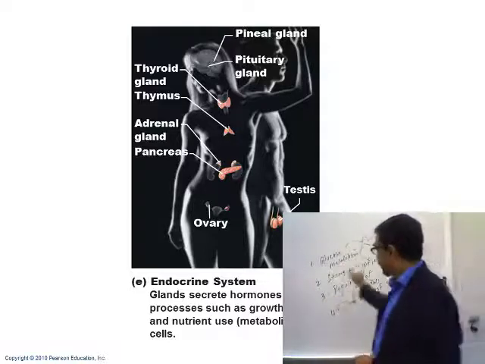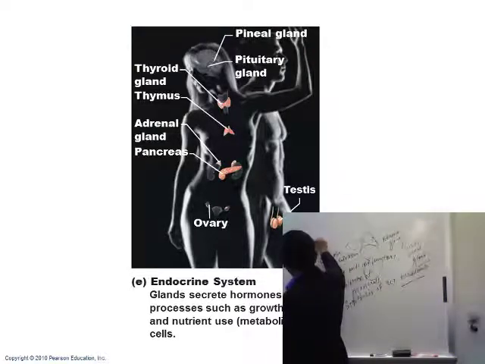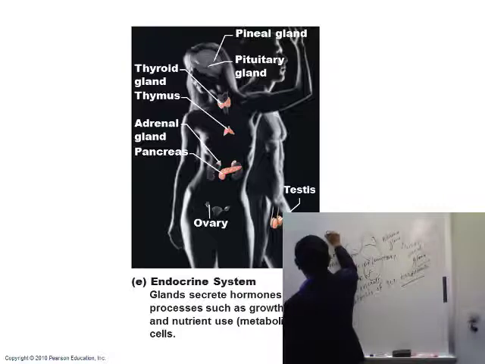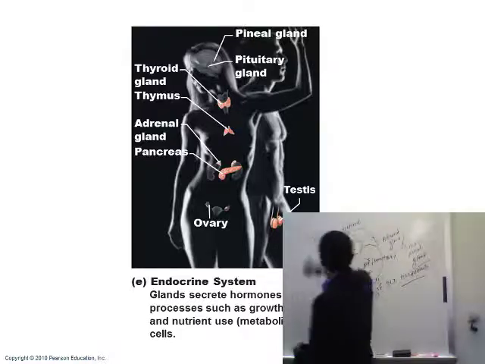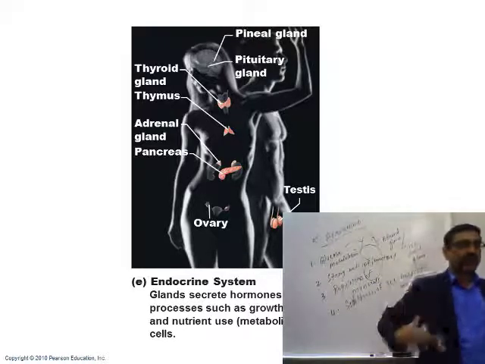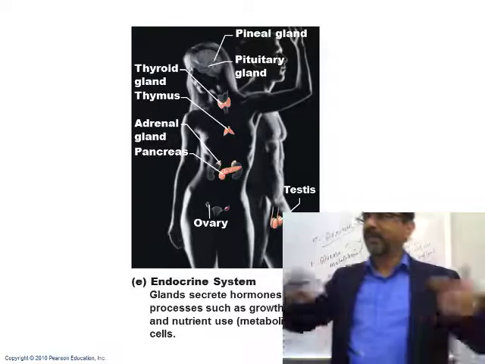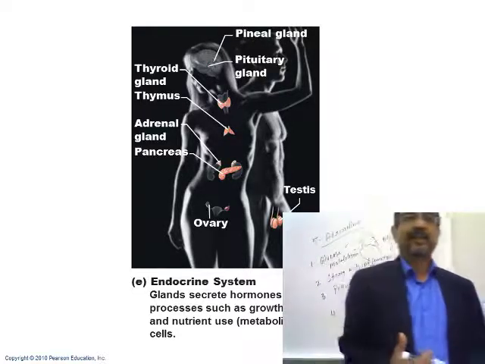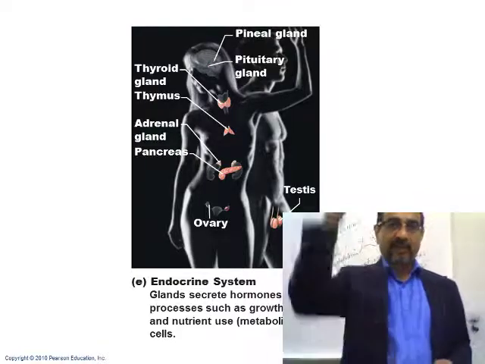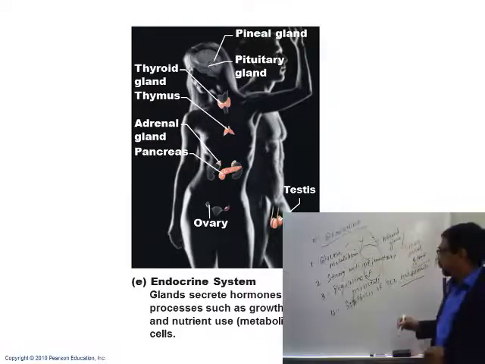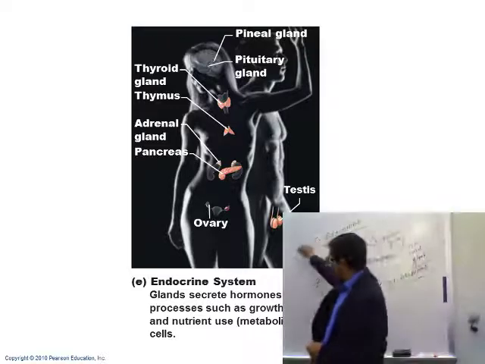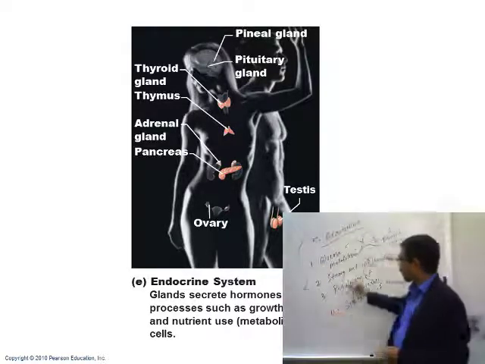And last one, number 5, is production of adrenaline, the hormone that excites the body. You know adrenaline? Have you heard that? Adrenaline secretion causes excitement, right? So increases the heart rate, increases the blood pressure. So these are the important functions of the adrenal gland.